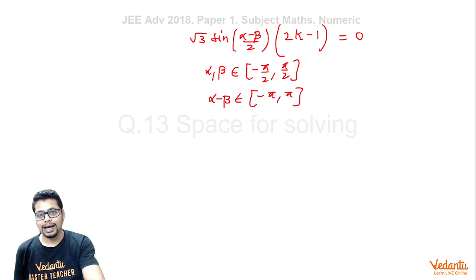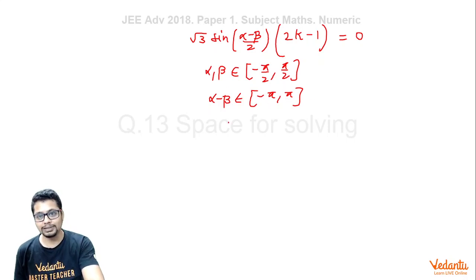Because alpha belongs to minus pi by 2 to pi by 2 closed and beta belongs to minus pi by 2 to pi by 2 closed, alpha minus beta would be minimum when alpha is the minimum possible and beta is the maximum possible. So minus pi by 2 minus pi by 2, you get minus pi. And alpha minus beta would be maximum when alpha is the maximum possible and beta is the minimum possible. So pi by 2 minus minus pi by 2, it's pi.